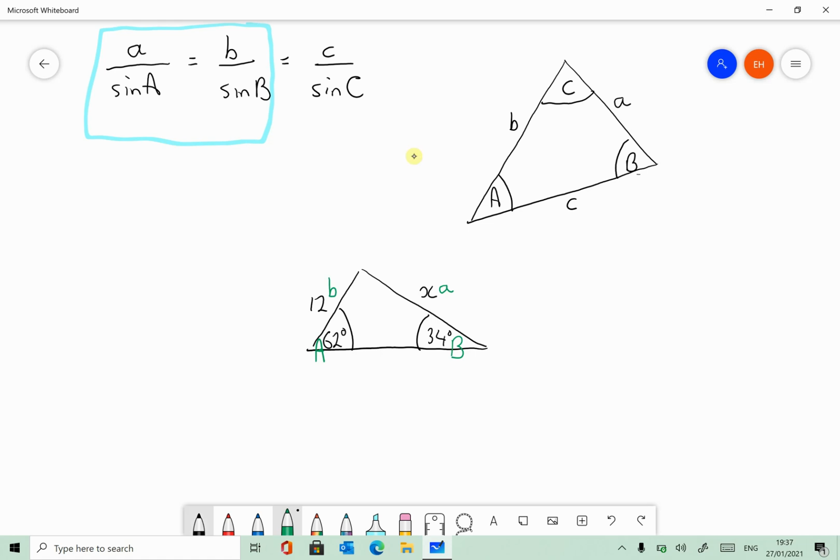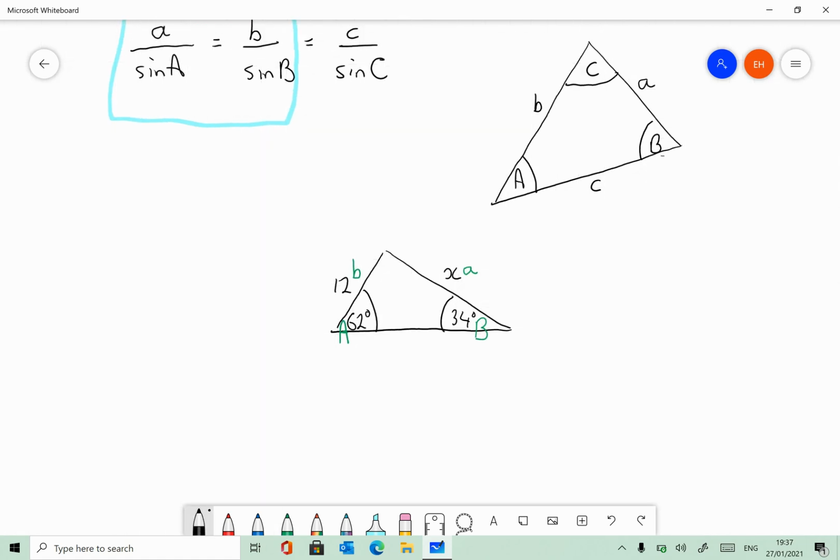And then as normal in trigonometry, we're basically just filling into a formula. So there are two fractions, and they're equal to one another: a, which is x, all over sine A, which is 62, and b, which is 12, all over sine B, which is sine of 34. As usual, I don't like doing trigonometry. I much prefer to be dealing in straightforward algebra.